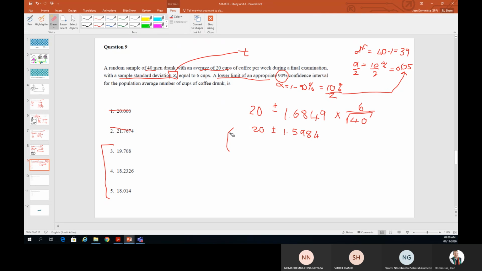We'll just see if that is actually right, and then we only work with the lower confidence, so that plus 20, I don't even get one of the numbers, so let me just quickly see. Random sample of 40 men, average final examination, standard deviation equal to 6. Okay, so let me just work that out again.